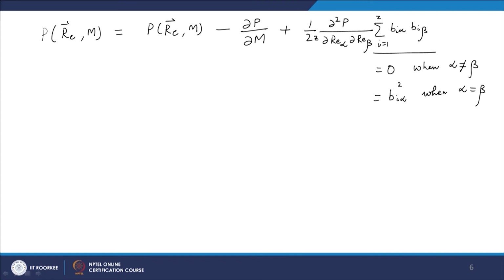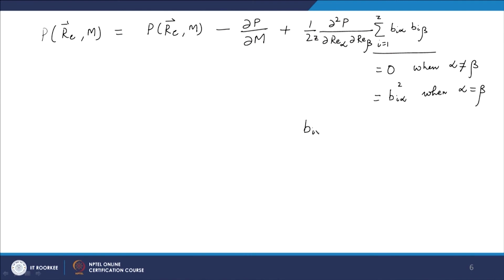Now, alpha can take values of x, y and z. So, this can be b_i x square or b_i y square or b_i z square, and for this particular walk in three dimensions, we know that the sum of these three must be equal to b square.